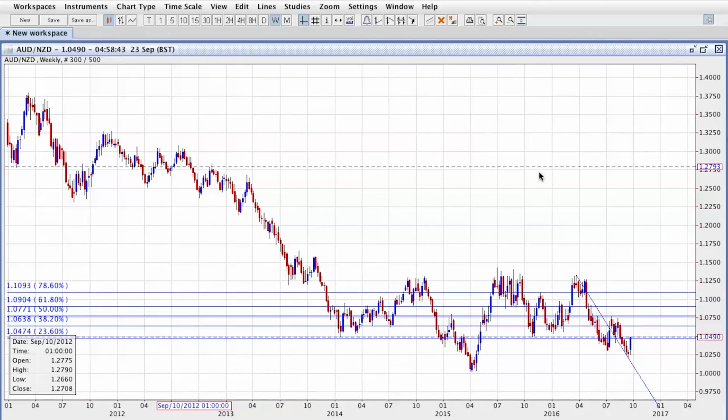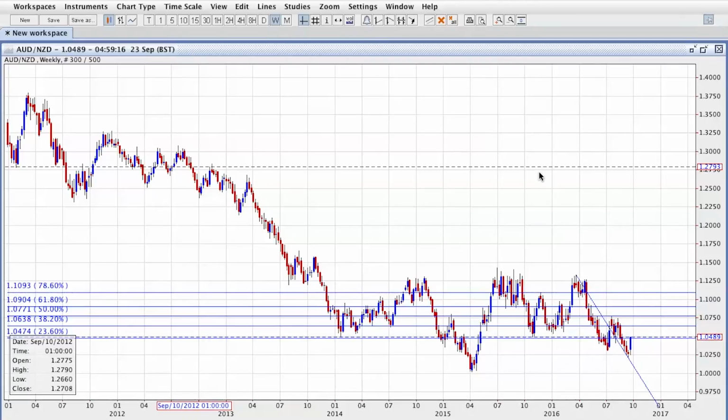And if we have a look at what's happened, I think we could really start to summarise it by going back and having a look at the New Zealand Central Bank meeting, where in that statement, even though they didn't change their interest rates, they didn't lower them, they did say that the exchange rate is starting to become a problem for the economy, and in the statement a number of times they've highlighted that the New Zealand dollar is too strong and it's causing adverse effects to their economy.